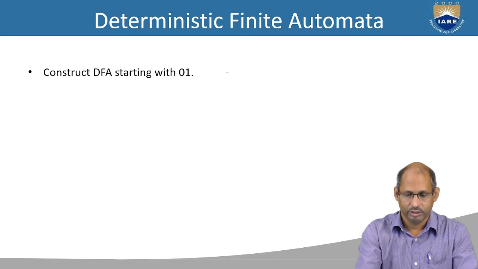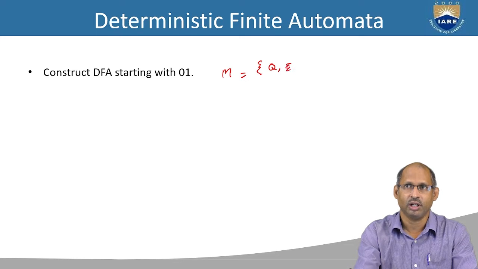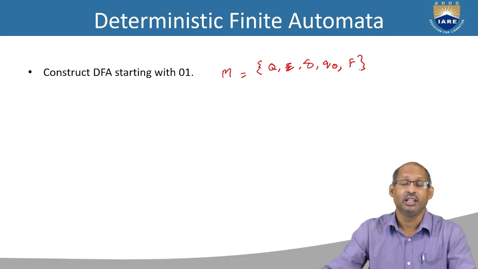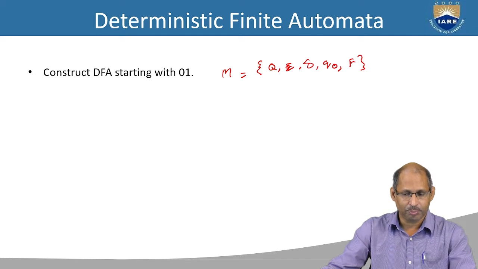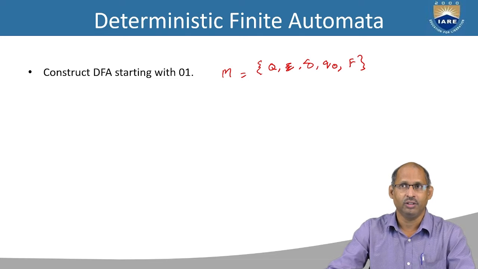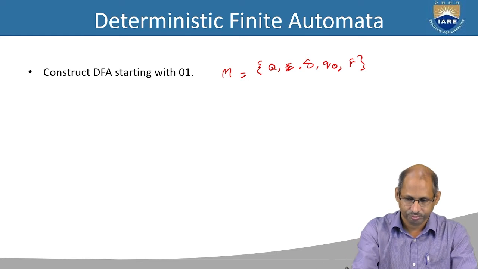A DFA we represent with a 5-tuple notation: Q, a set of states, the input alphabet, the transition function, the initial state, and a set of final states.